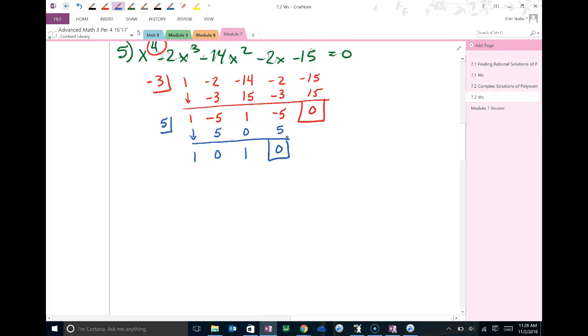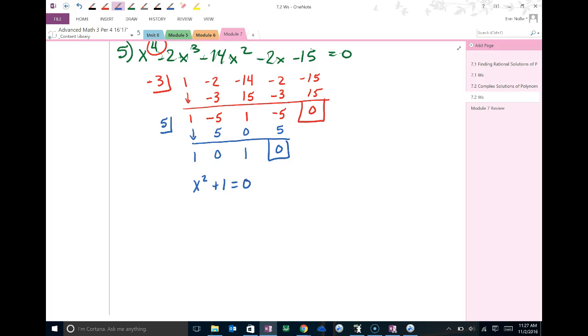I have 3 numbers. By the way, 3 numbers always tells me I have a quadratic. So what's my quadratic here? X squared plus 1. I like it a lot because I don't even need to use quadratic formula to solve this. I can just solve this algebraically by isolating the x.